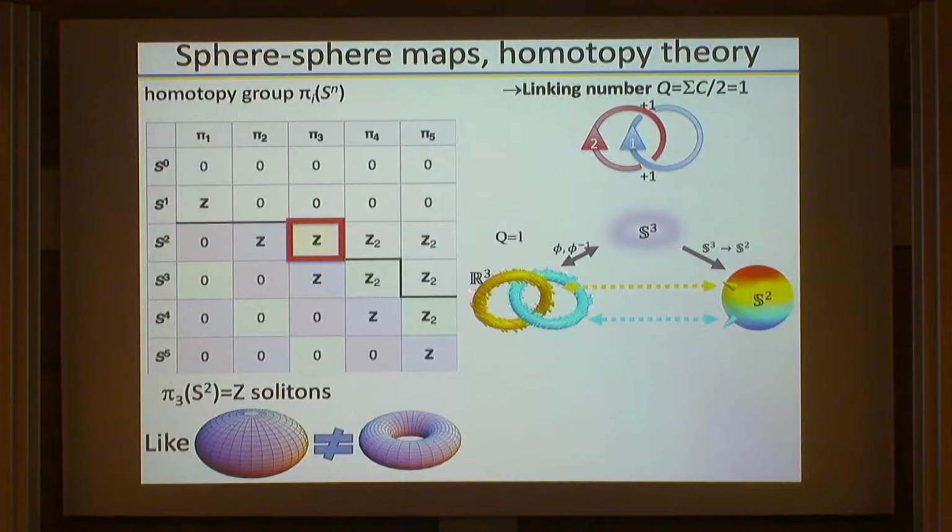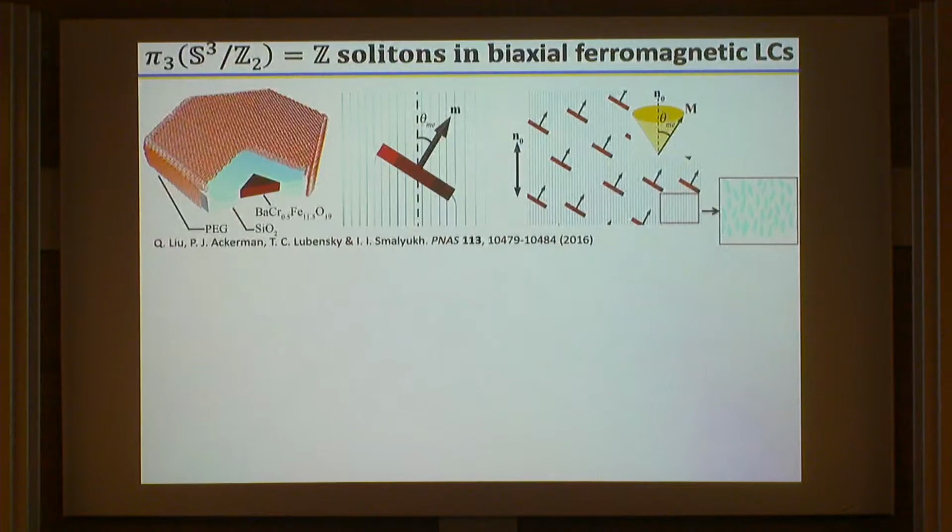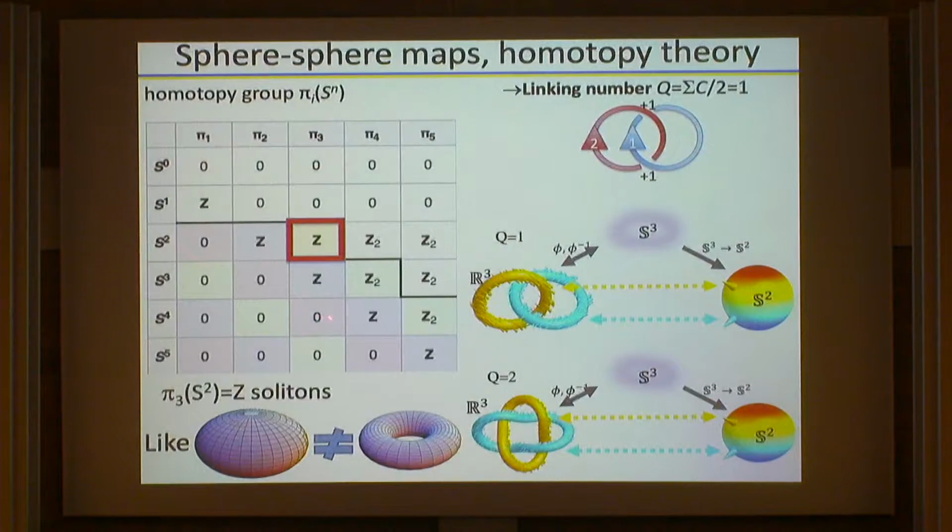So when we have a Hopf link, then the linking number is 1. When we have a Solomon link or other realizations of it with two times linked preimages, we have Hopf index equal to 2.